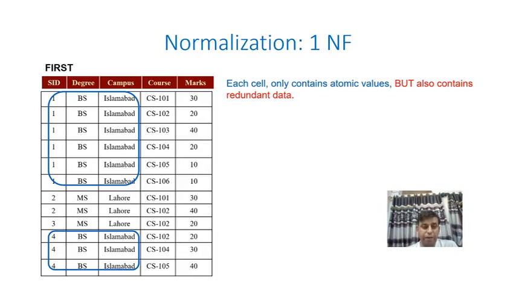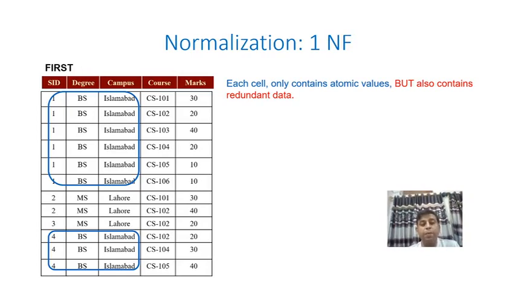Over here we have encircled some values or some data. Why? Because these encircled data is redundant. So the definition of first normal form is each cell only contains atomic values. This is fulfilled, but it also contains redundant data. It indicates that now there is some data redundancy, and this data redundancy needs to be eliminated.